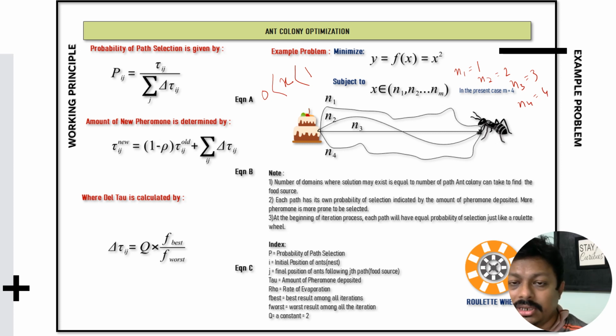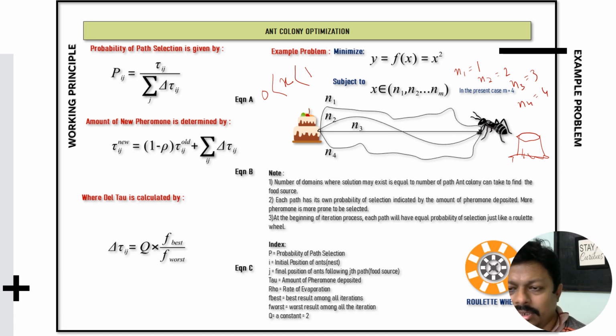So let us first discuss how ants search for their food. Suppose this is an ant and this is its nest. Now the ant comes out of its nest in search of food. In one nest there can be 500, 600 millions of ants or 1 lakh or any number of ants, but mostly they are huge in numbers in a nest.